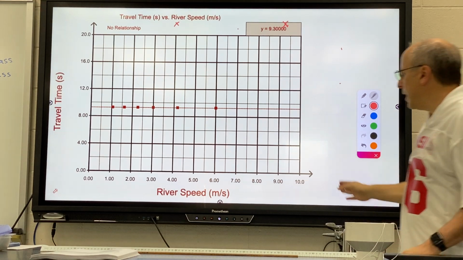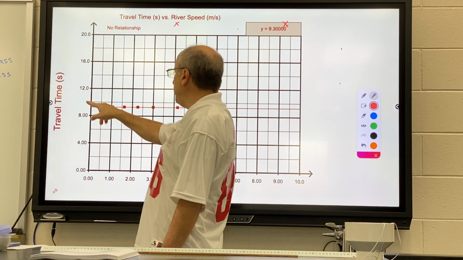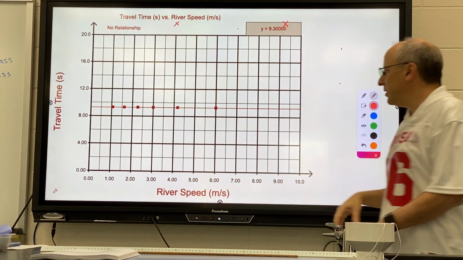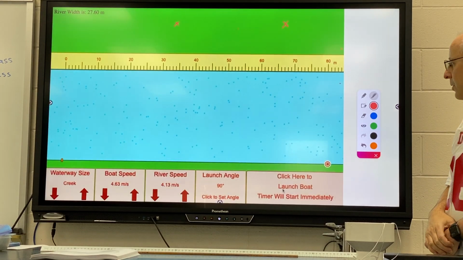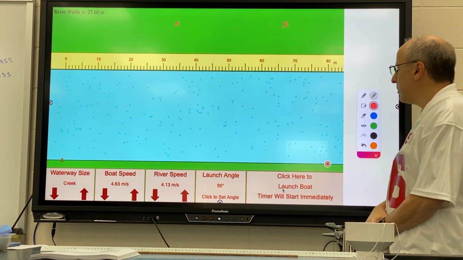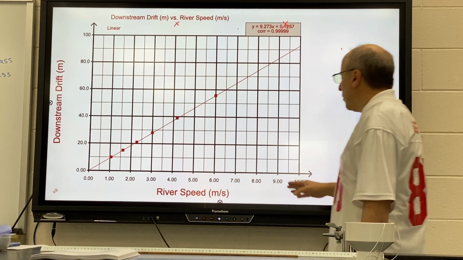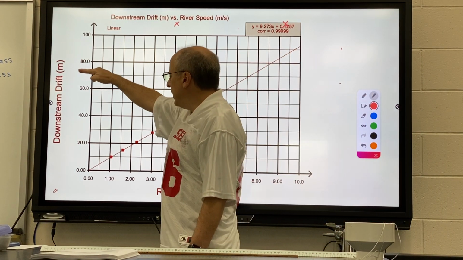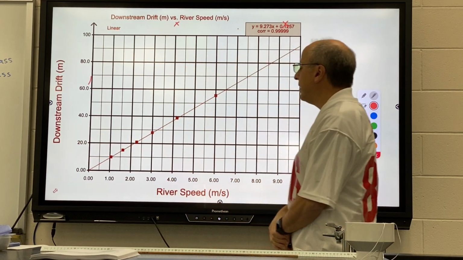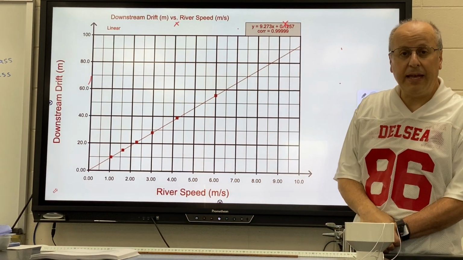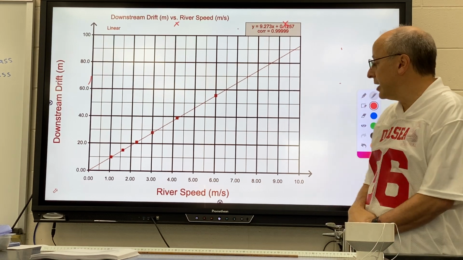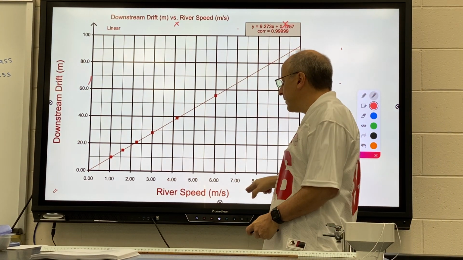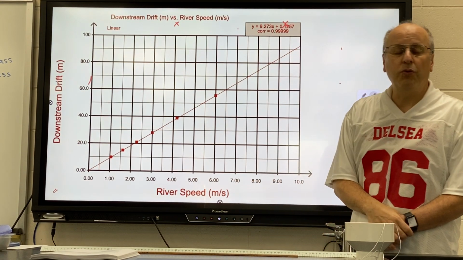So when we lowered the river speed, we made no change to the travel time. When we lowered the river speed, we lowered the amount of drift. It turns out to be a proportional relationship. So if we had doubled the river speed, it would have drifted twice as far.